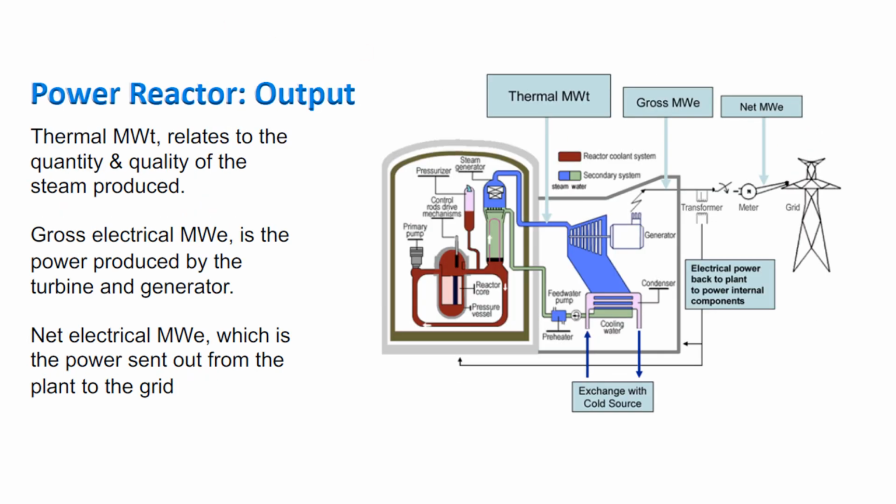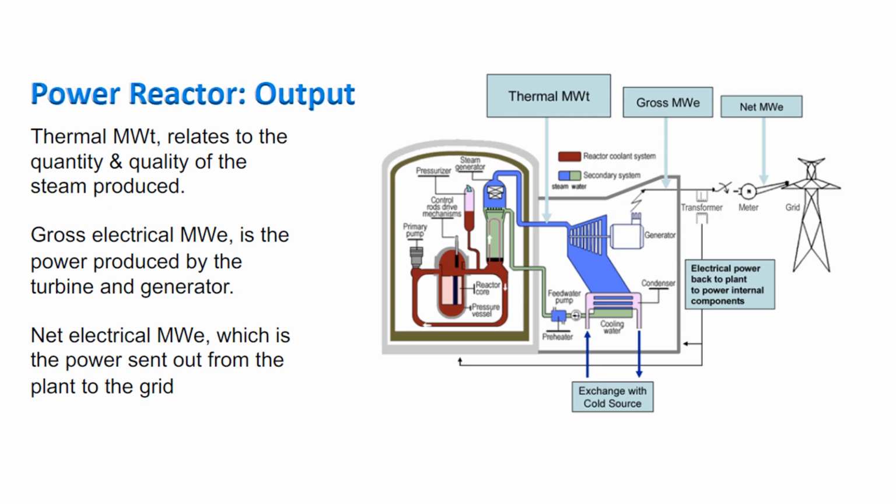Let's discuss the different outputs in a power reactor. One is thermal MWt, or megawatts thermal. This relates to the quantity and quality of the steam produced. We also have gross electrical MWe, megawatts electric, which is the power produced by the turbine and generator. And then we also have net electrical MWe, which is the power sent out from the plant to the grid.